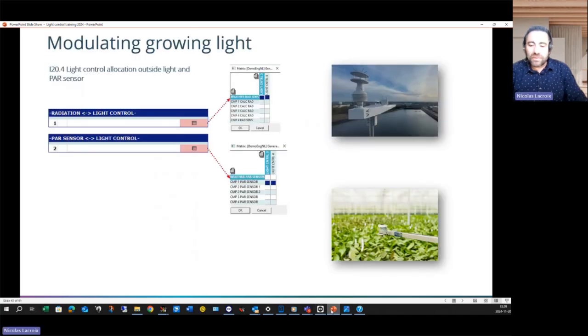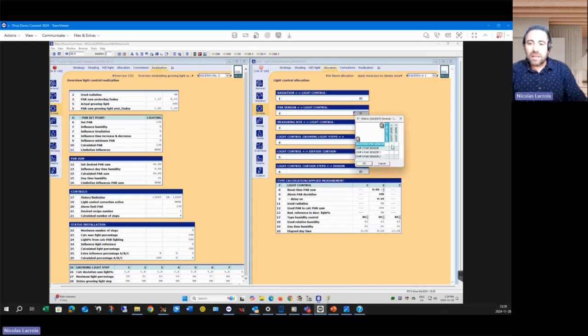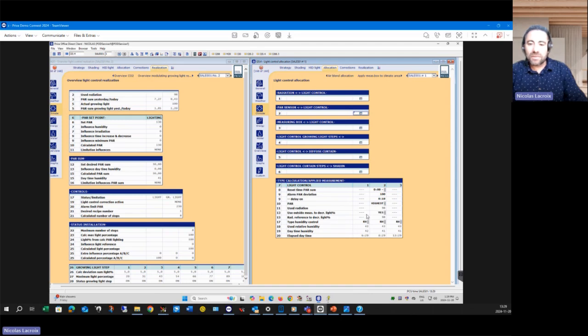Okay, I'll show you that on the demo now. So now I set my par sensor to a light control. So we'll see that the table will come on. Okay, so use outside measure to decrease light.